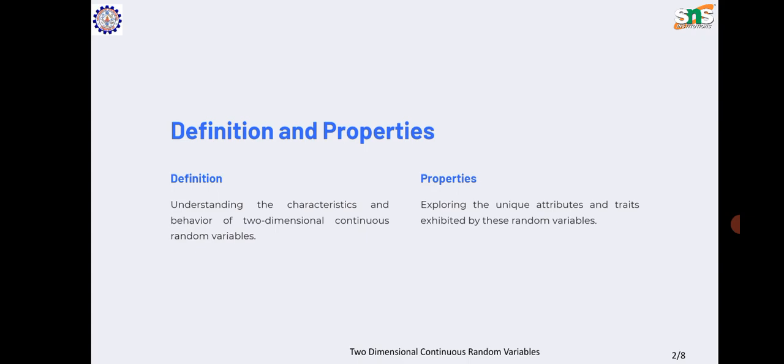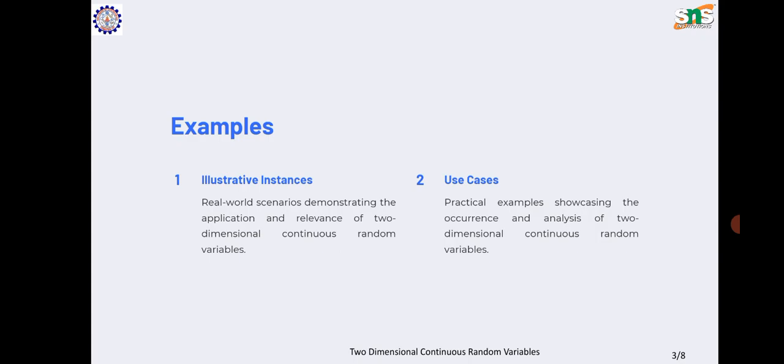Exploring the unique attributes and traits exhibited by these random variables. Example: illustrative instance, real-world scenario demonstrating the application and relevance of two-dimensional continuous random variable. Use cases: practical examples showcasing the occurrence and analysis of two-dimensional continuous random variables.